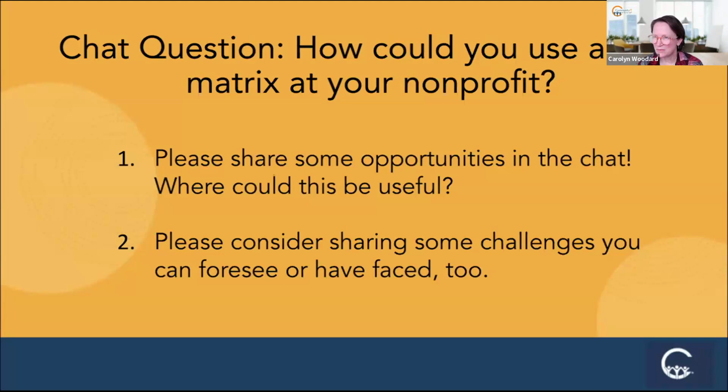So some people have some questions coming in. How would you implement this tool? We're going to talk about that on the next slide. So what does the forward-facing part of the matrix look like for staff filling it out? I think you mentioned that a little bit, Heather, that you might do that as a survey. So it could be done in a number of ways. You could pull out the actual Excel page tab and send it individually to people. You could create a survey and have the survey results pull out into Excel.